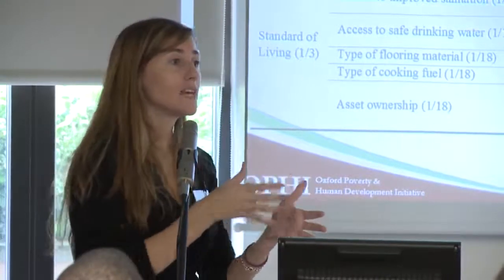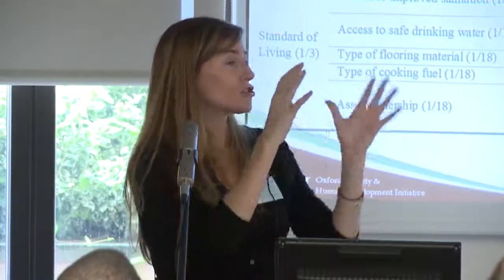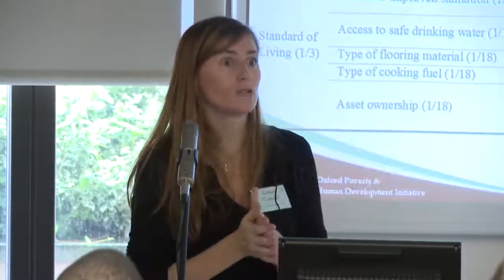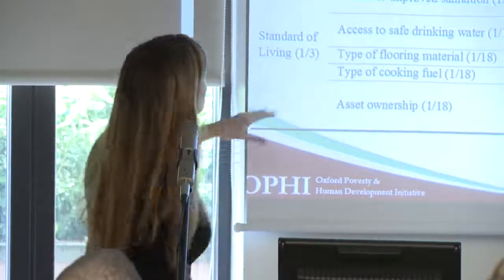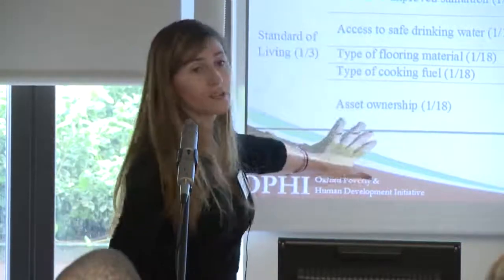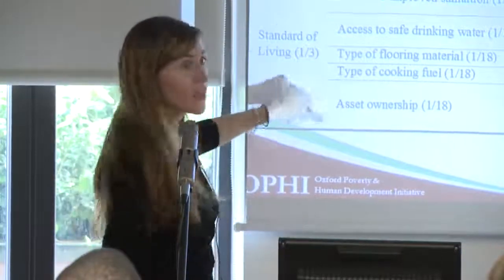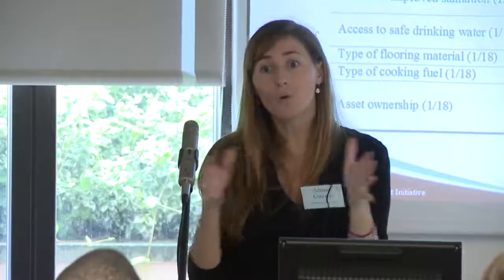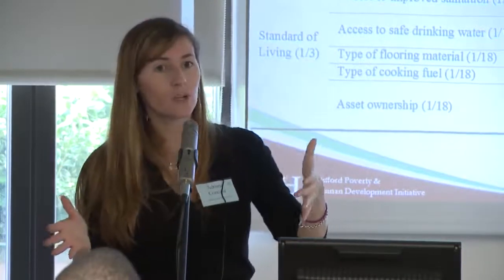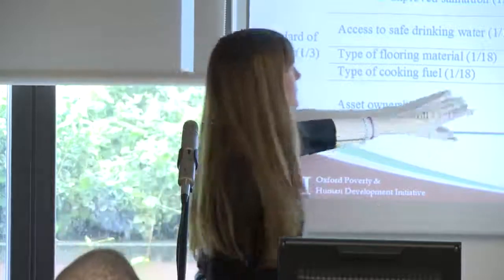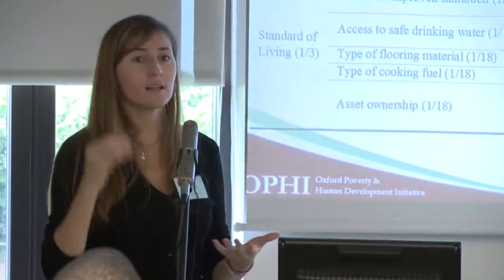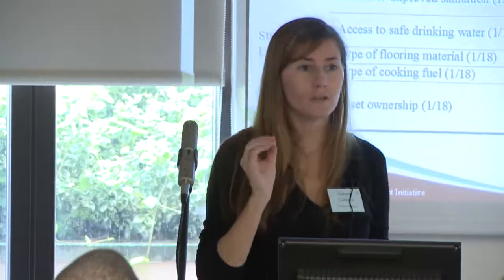So we are assigning a weight of 1/6 to each of the health and educational indicators. Now, in the case of living standard indicators, again, this 1/3 of the weight was divided equally into the 6 indicators we included. So this is the final weight, 1/18, that is given to each of the indicators.